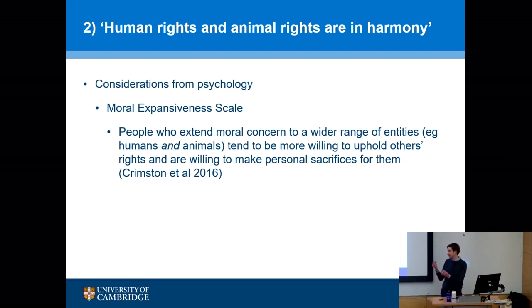In a sense, this is linked to what we saw before about social dominance attitude. So you're more willing to donate to human rights causes if you donate to animal rights causes, if you want to put it shortly.